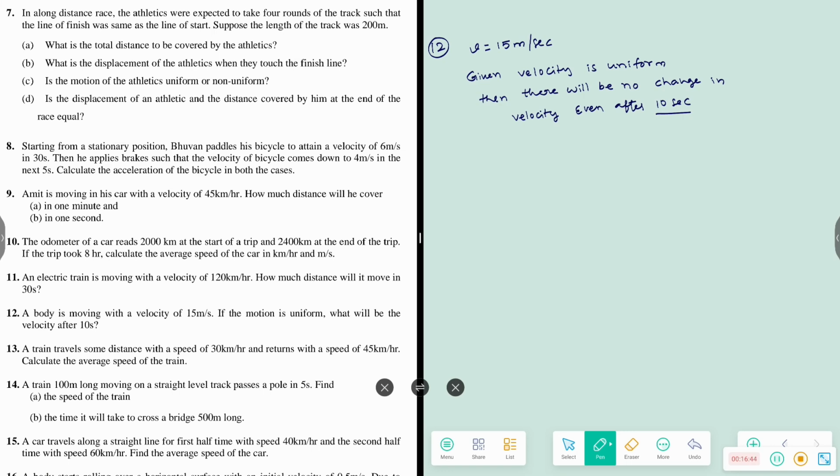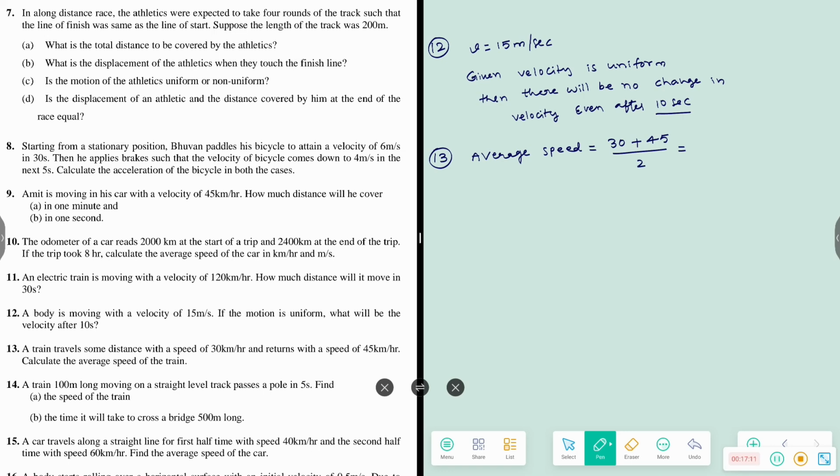Next, a train travels some distance with a speed of 30 kilometers per hour and returns with a speed of 45 kilometers per hour. Calculate the average speed of the train. So very simple, how do we calculate average speed? First it is 30 kilometers per hour, so 30 plus, later it is 45 kilometers per hour, so 45, divided by 2.